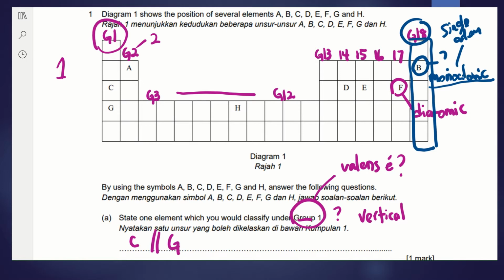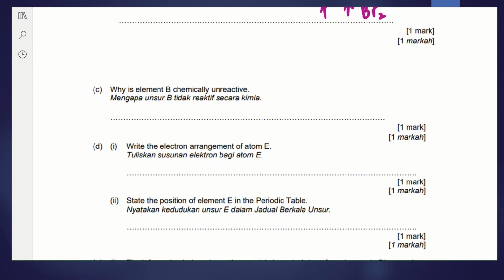While diatomic refers to a substance composed of molecules containing 2 atoms bonded to each other. Most of the group 17 elements exist as diatomic, for example fluorine, F2, chlorine, Cl2, bromine, Br2, iodine, I2. So that's the main difference between monoatomic and diatomic.